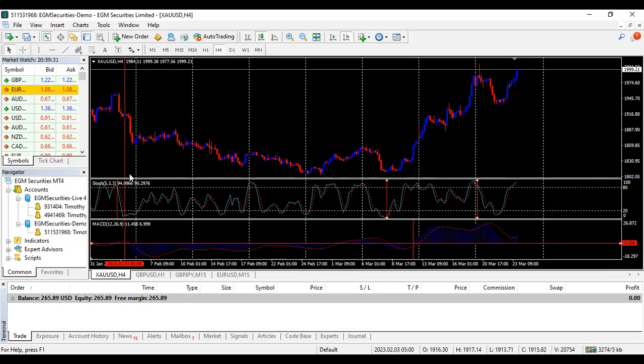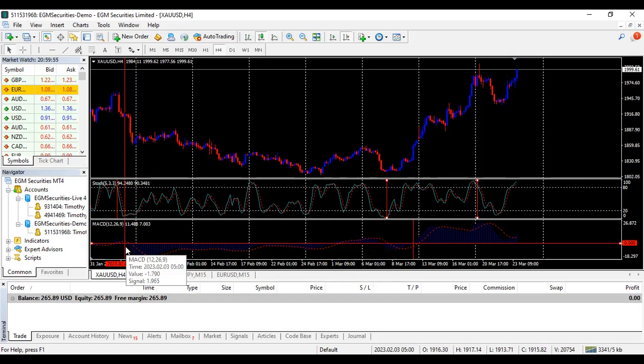And with the stochastic, it had already confirmed at this point. Therefore, the MACD is a little bit lagging. But when it crossed over now, it shows you that the market is selling, and you can see the market sold all the way until somewhere here when the MACD crossed over again.